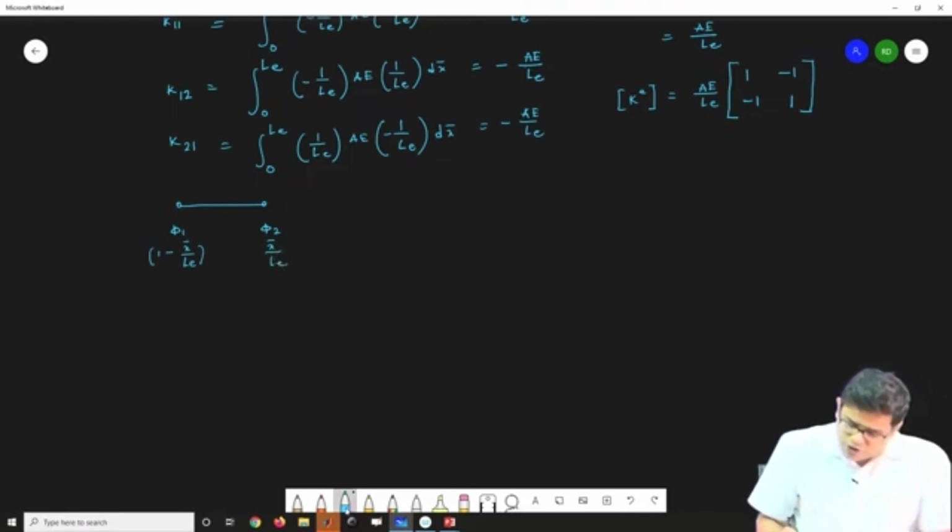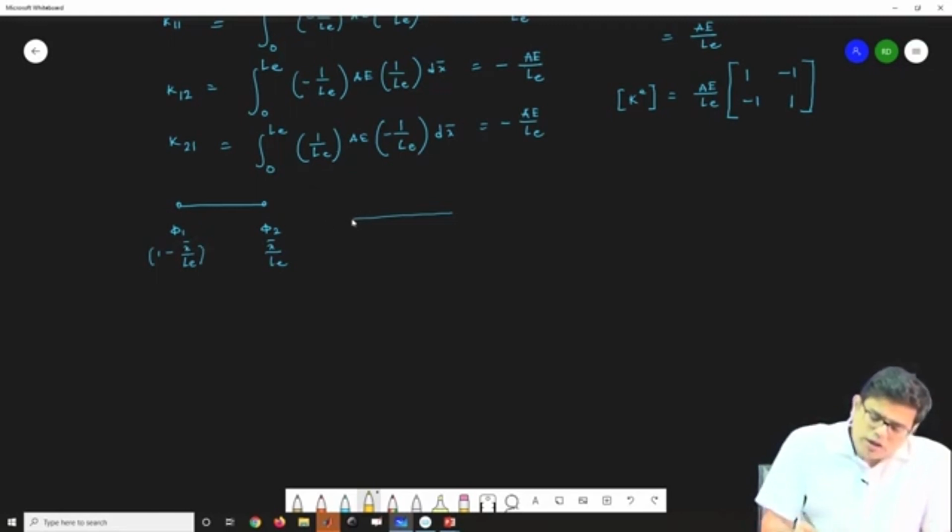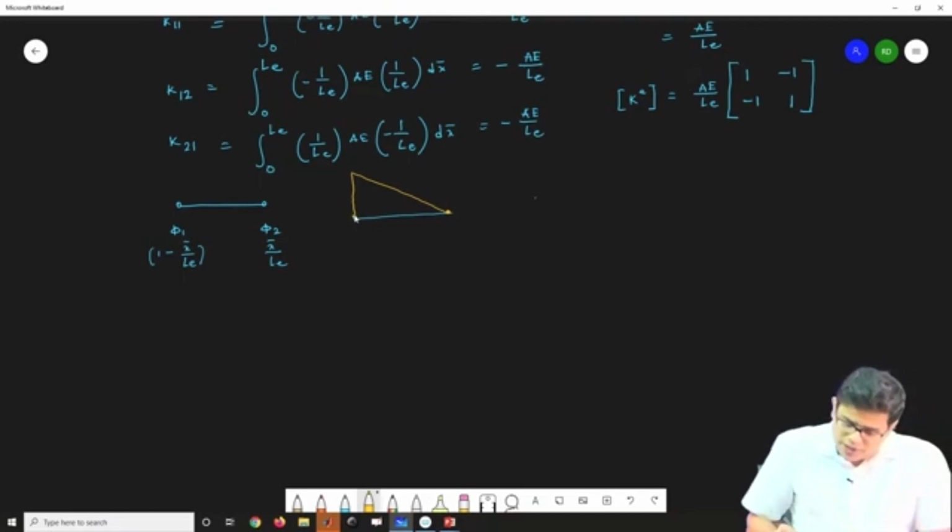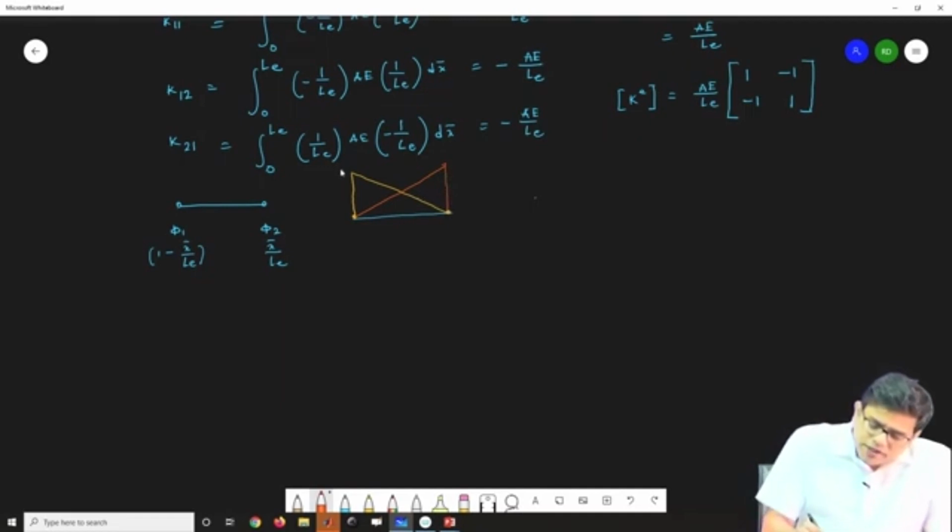If I now plot these shape functions, phi 1 at x bar equals 0 is 1, and at x bar equals LE it is 0. Similarly, phi 2 is 0 at one end and 1 at the other. So at any point the sum is 1.